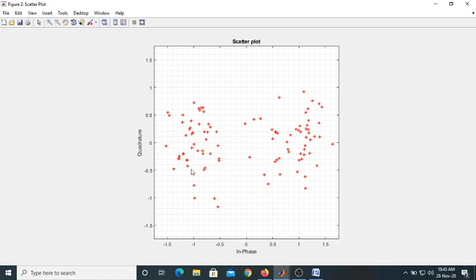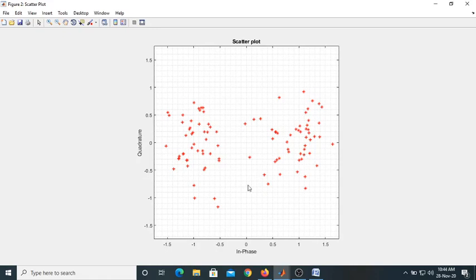We receive so many points, and among them we find the point which is close to the original message point. So these are all received points, and at minus 1 we have one signal vector or message point, and this point is very, very close to it. In the same way for this point, you find the nearest one.